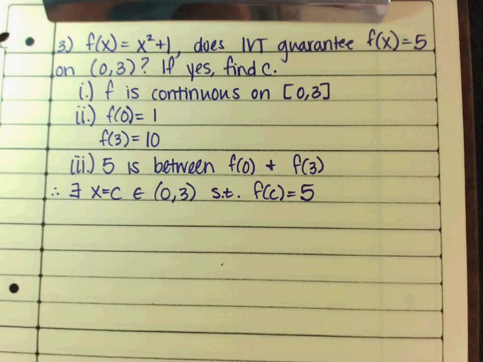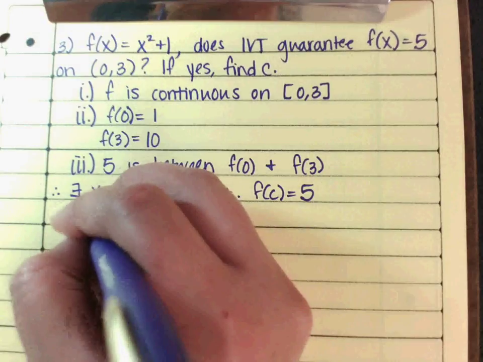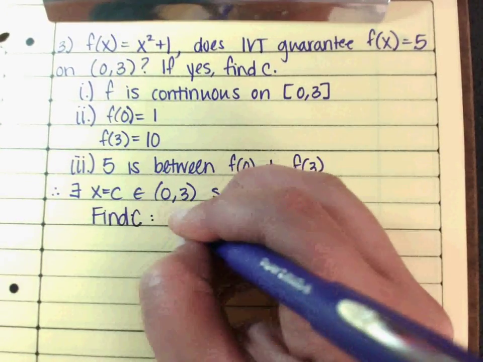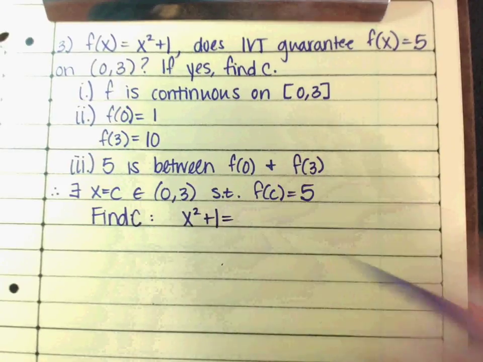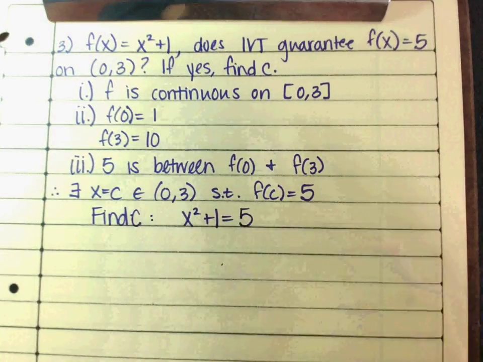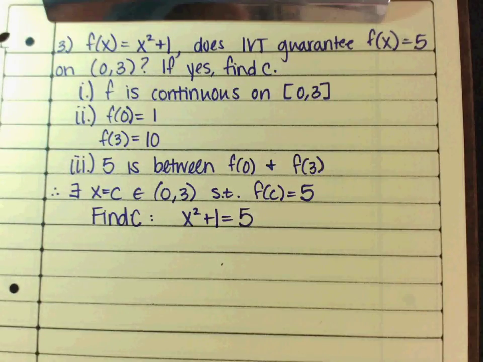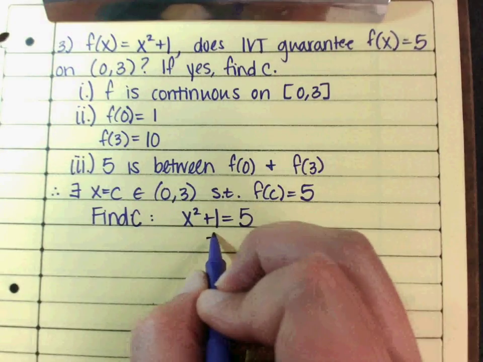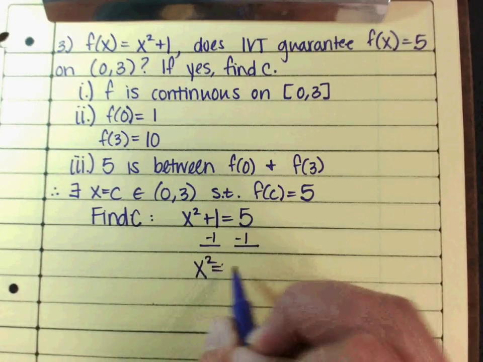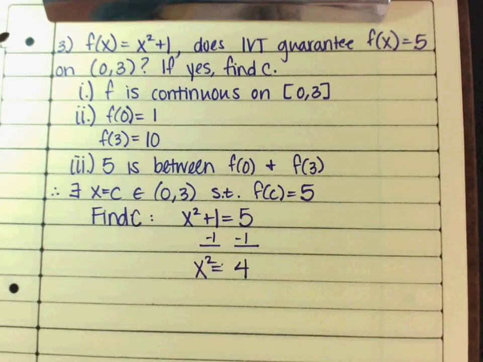So what is our function here? Okay, so I'm going to set x squared plus 1. Find c. X squared plus 1, what do I set it equal to? What's the number I want? 5. What would I do first? Okay, take away 1. 5 minus 1 gives us what? Okay, 4.